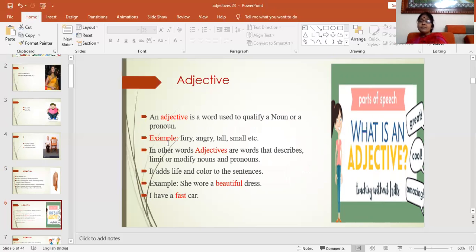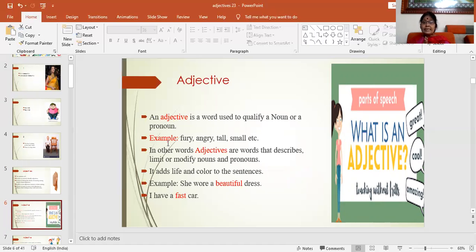Words like fury, angry, tall, small, etc. are all called adjectives because they describe, say, great, cool, amazing. These are the words that are used to qualify a noun or a pronoun.